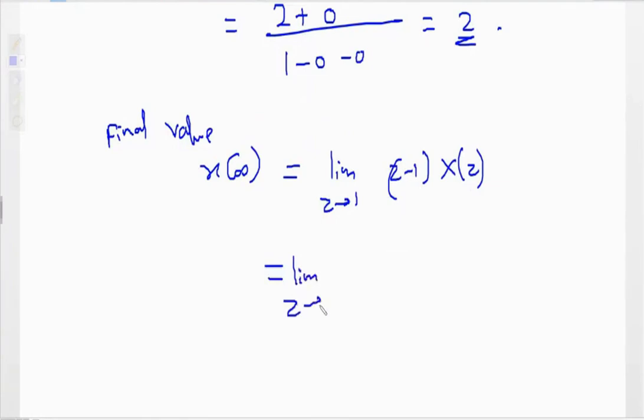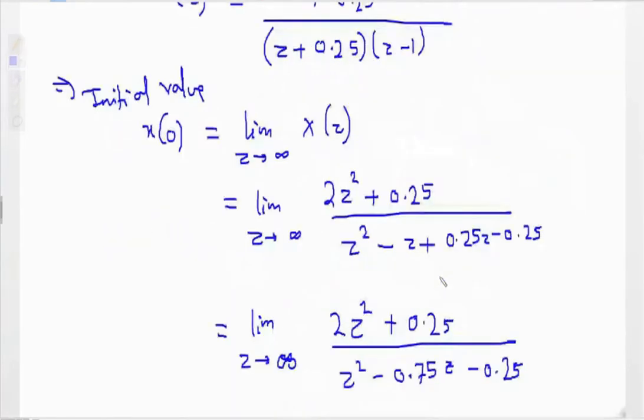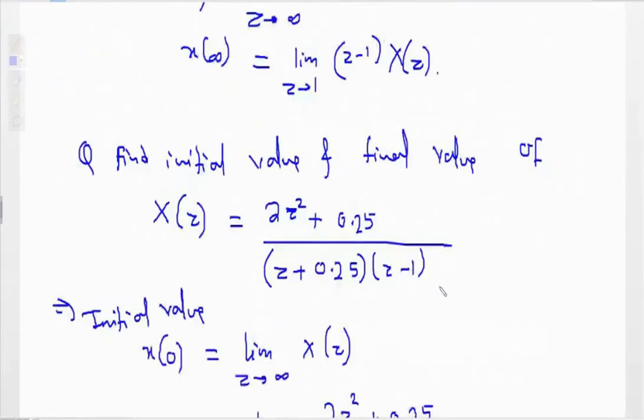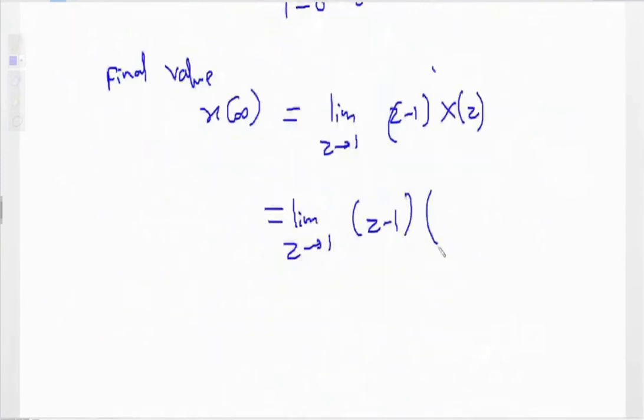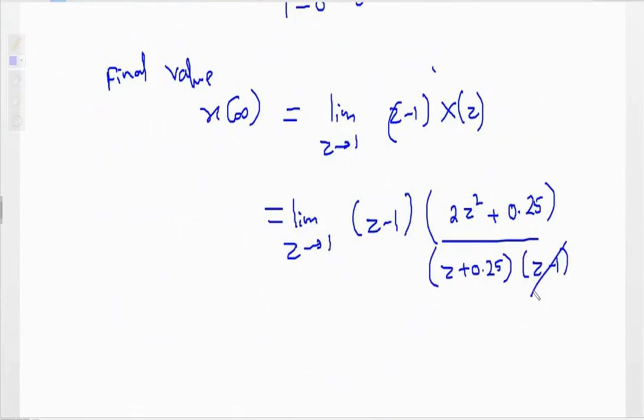Substitute the value of X(z) from the question: (z − 1) times (2z² + 0.25) divided by (z + 0.25)(z − 1). So here (z − 1) cancels out.